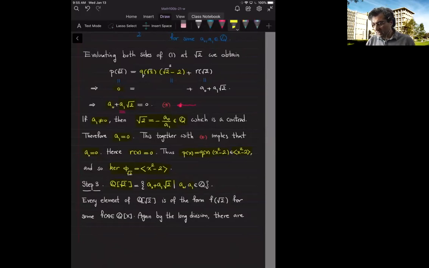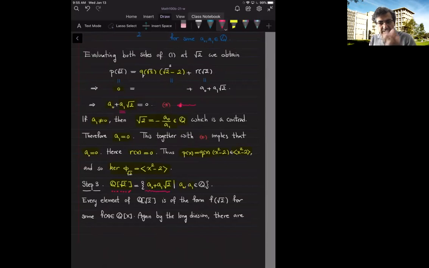But here we are just given polynomials of degree at most 1, evaluated at root 2. And we are saying the rest of the polynomials, when I evaluate them, can be rearranged and recomputed to end up with a polynomial of degree 1 with the same value at root 2. This is what we want to do. So we pick an arbitrary element of this side.